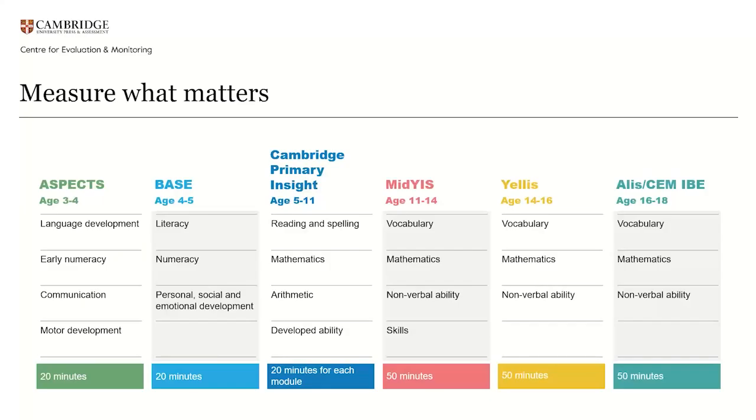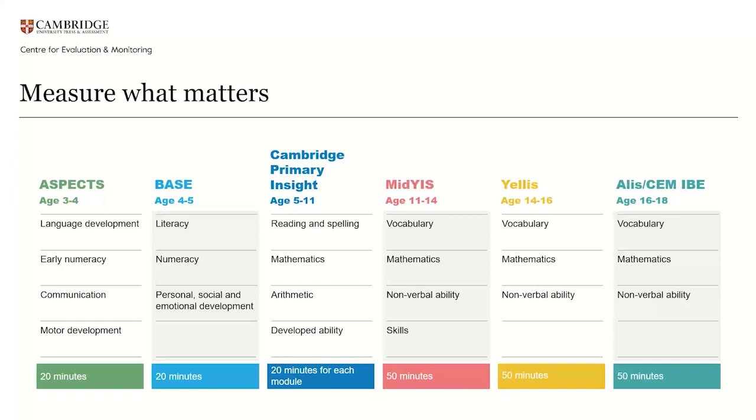The CEM products measure different things. They measure similar things, but there are subtle differences between the systems, and we try to make it as age appropriate as possible. Focusing on Insight, the emphasis is on reading and spelling, mathematics, arithmetic, basically the 4 operations and mental maths problems, and developed ability, which we'll talk more about as we go.